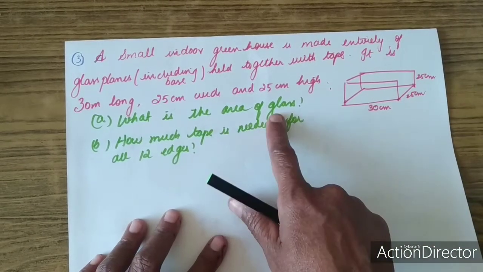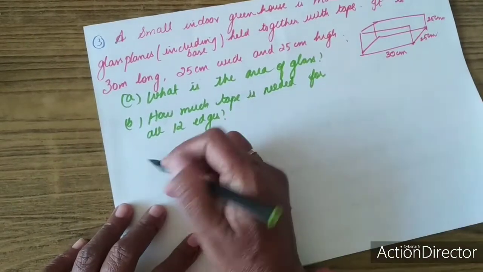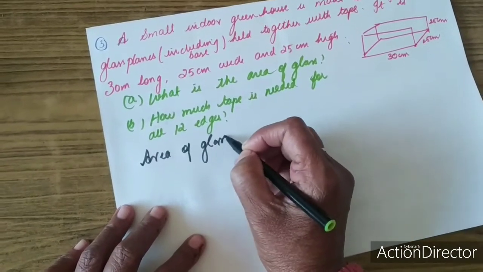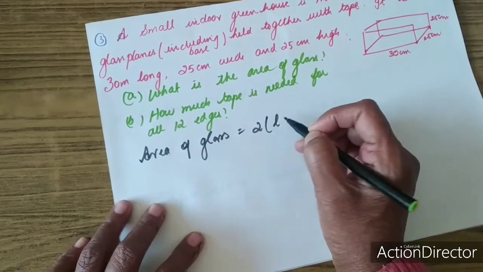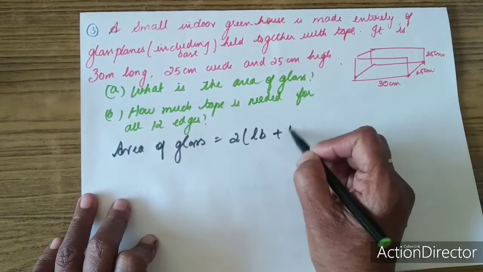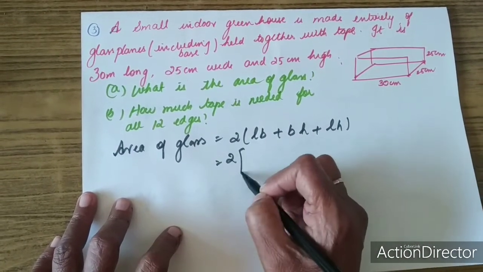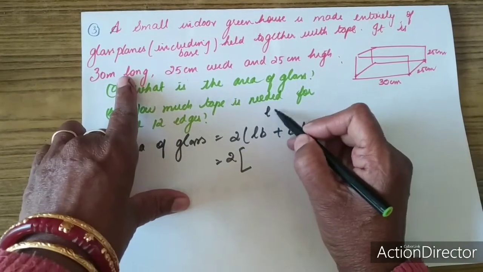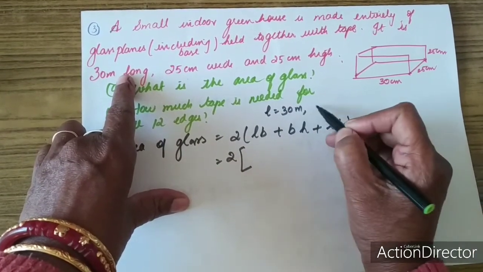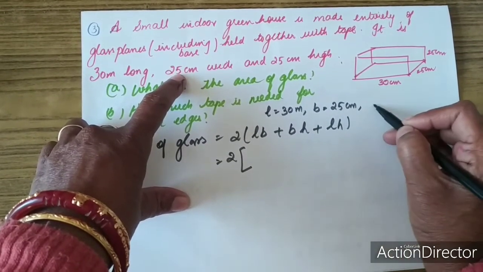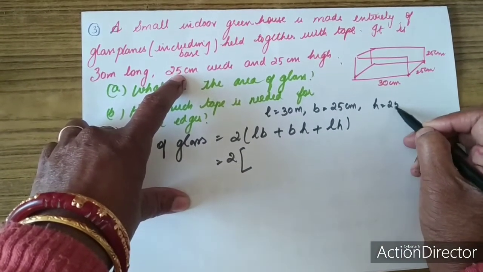So the area of glass is equal to 2 into (LB plus BH plus LH), which is equal to 2 into... So first you write what is length. Length is 30 centimeter, breadth is 25 centimeter and height is 25 centimeter.